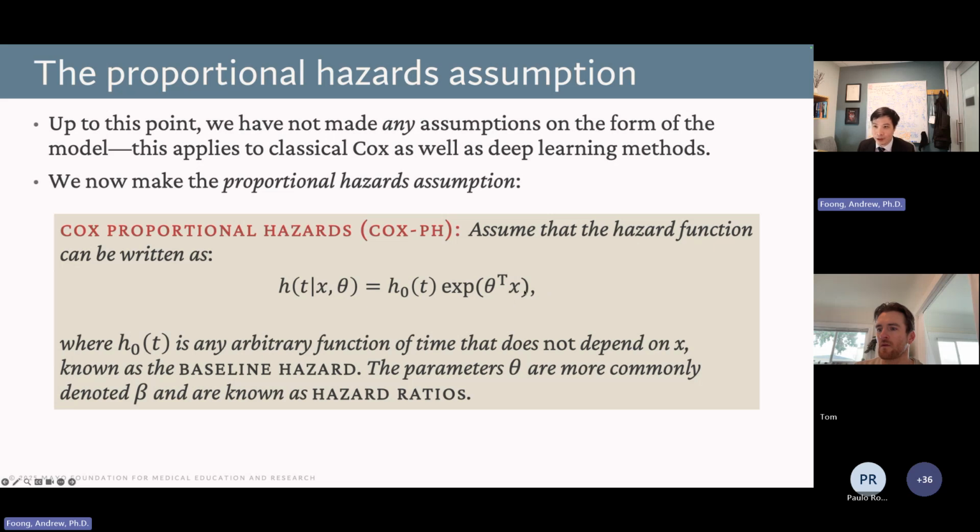This multiplicative factor is going to multiply the baseline hazard function and scale the entire hazard function up or down. So if the multiplicative factor is greater than 1, the hazard will be scaled up. If it's less than 1, the hazard will be scaled down. And that's where you get the name hazard ratios from, because it's the ratio of the two hazard functions. But notice that none of this affects the time dependence. The time dependence is either stretched uniformly up or stretched uniformly down.